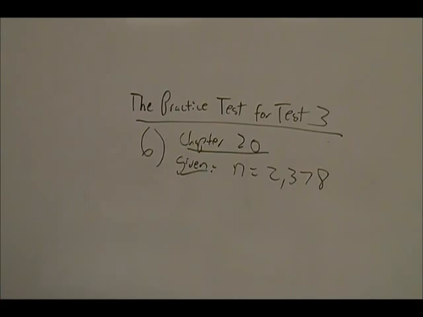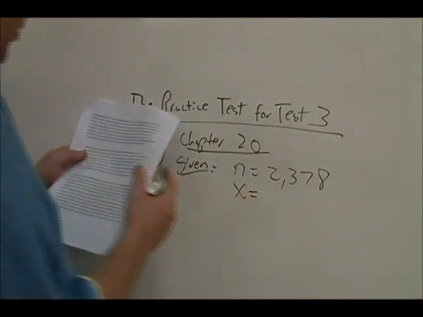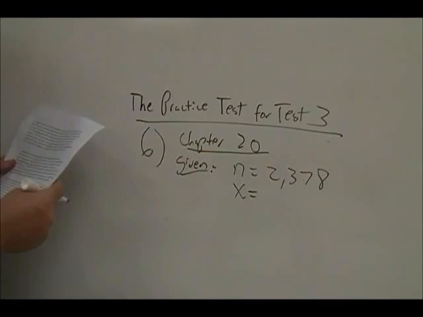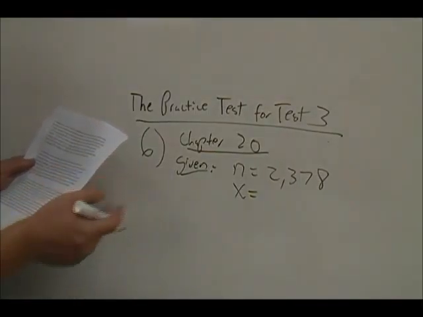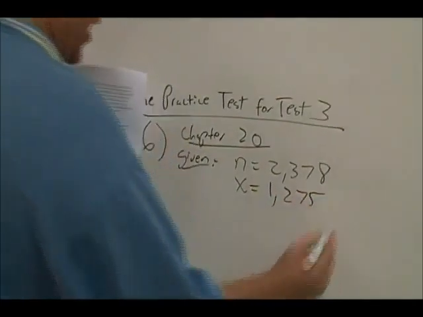It says, of those 2,378 members of the random sample, 1,275 of the sample members said they voted for Bill. So that says X, which is the number of members from the sample in the relevant category here, that being those that voted for Bill, is 1,275.